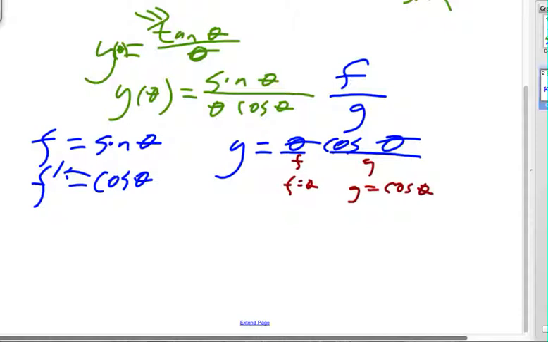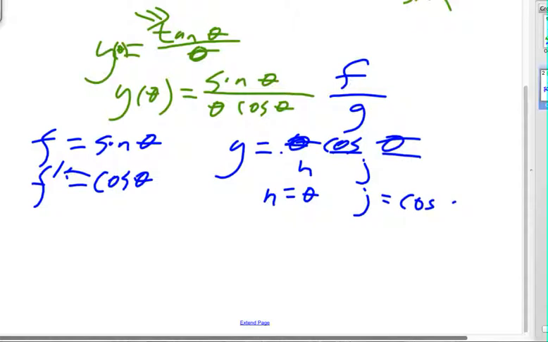All right, let's even change what we call it. So let's call this h and j. So h is going to be theta. J is going to be cosine of theta.